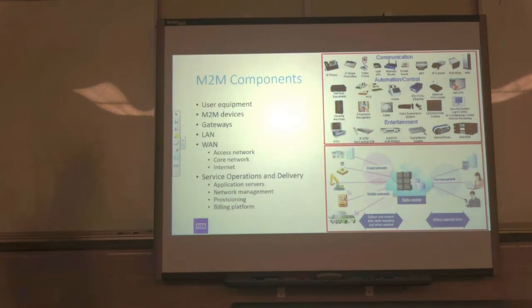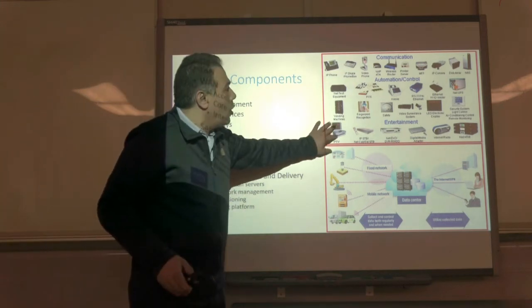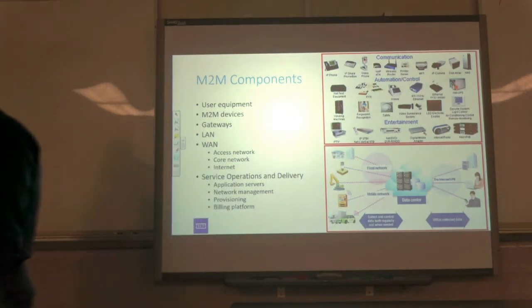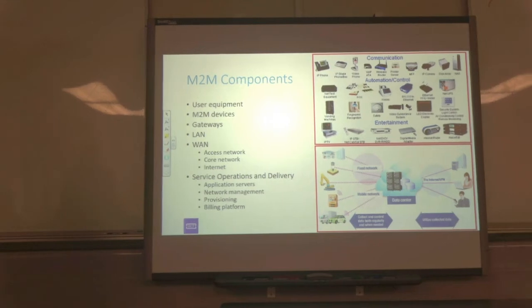So end-to-end components. Okay. So when you look in here, all of these can be part of the IoT system. Why? Because they can collect data or present data. Anything that could collect data or present data could be part of the IoT system.